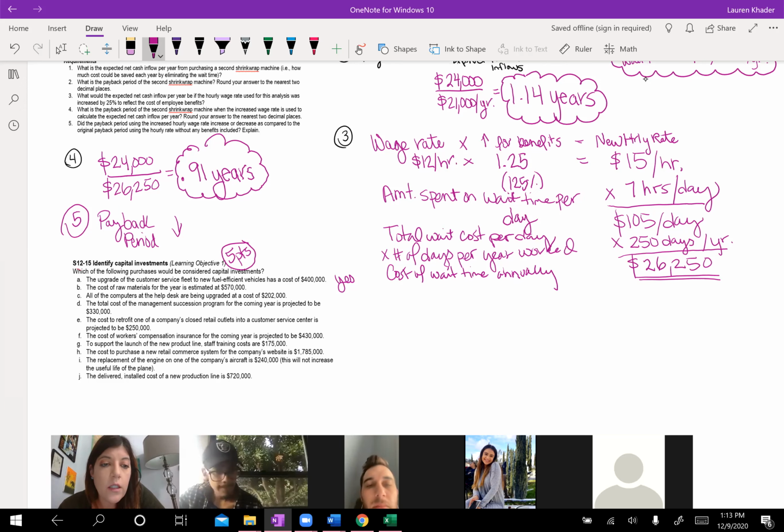Part B, the cost of raw materials for the year is estimated to be $570,000. No, that's just normal operating cost. That's purchase of inventory. So no. C, all of the computers at the help desk are being upgraded at a cost of $202,000.